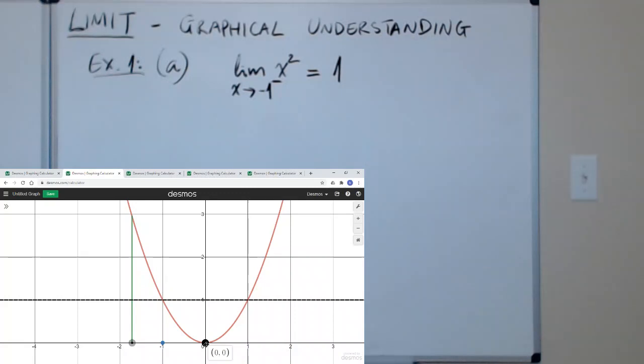But now as I'm getting closer to -1 from the right-hand side, hopefully everybody sees the motion of my black point on the x-axis. It's getting closer to the limit point, but everything now is from the right-hand side. As we keep getting closer to -1 from the right-hand side, the green heights keep getting higher and higher.